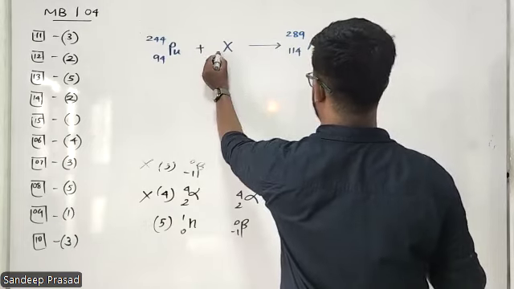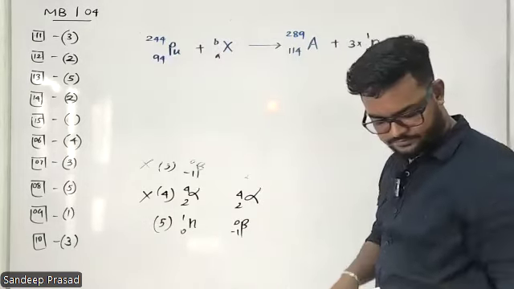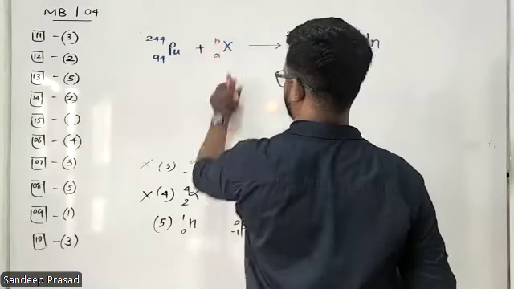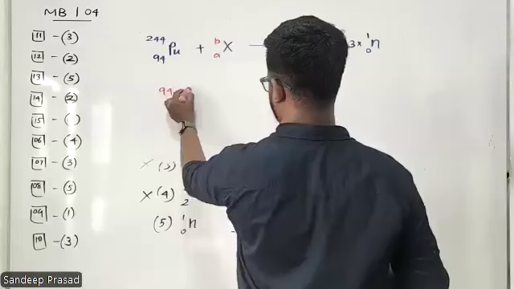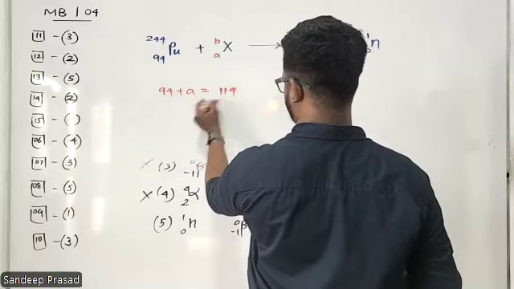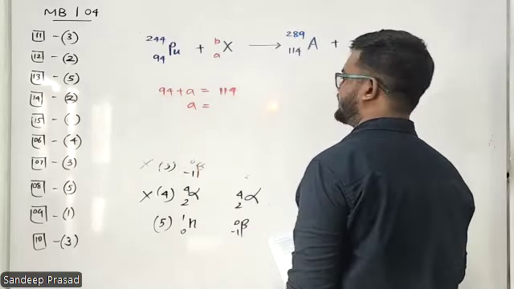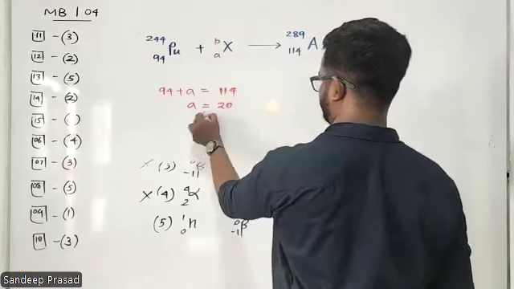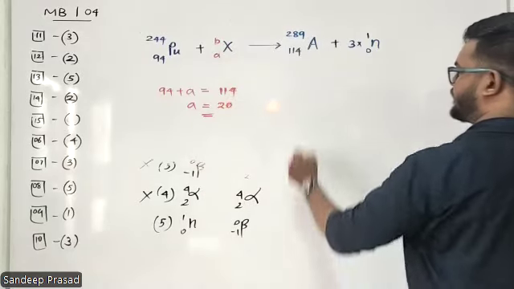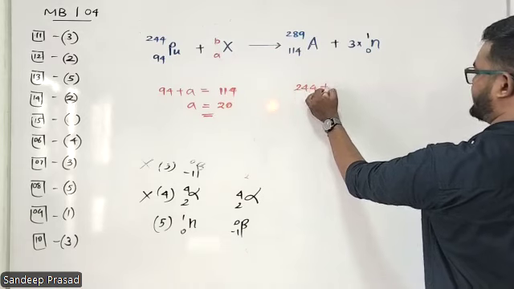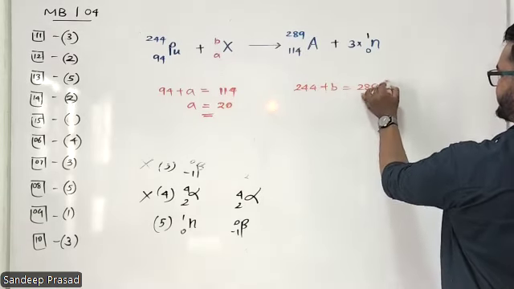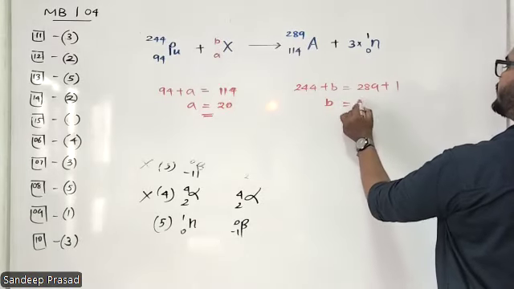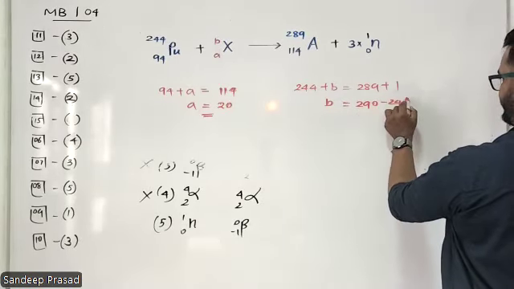So let me consider A and B. So therefore 94 plus A equals 114. Then A should be, what is it? 20. Then 244 plus B equals 289 plus 3, so B equals 292 minus 244.